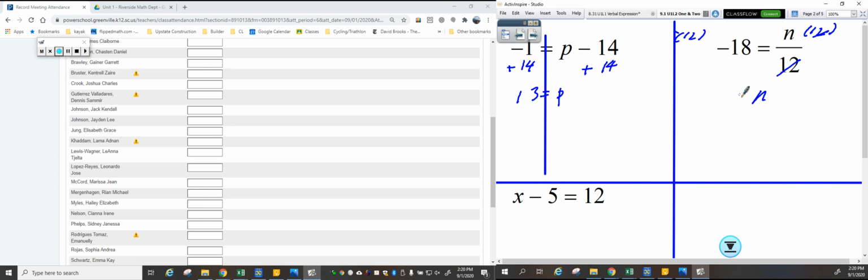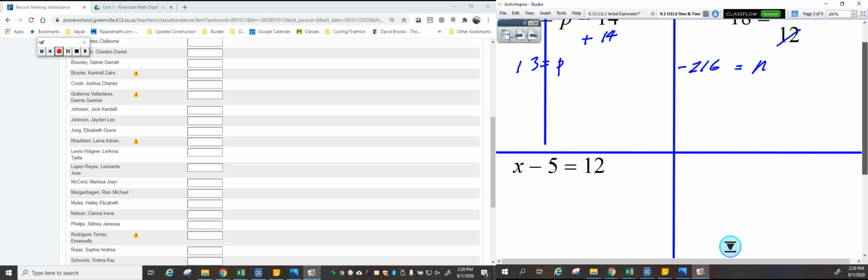And n equals, let's see, 2 times 18, 216. Is that correct? No, it's not. Ah, negative. Good. Make sure you capture that sign. You may have had it right. I was just trying to kind of throw everybody off under here. So negative 18 times positive 12 gives me negative 216.